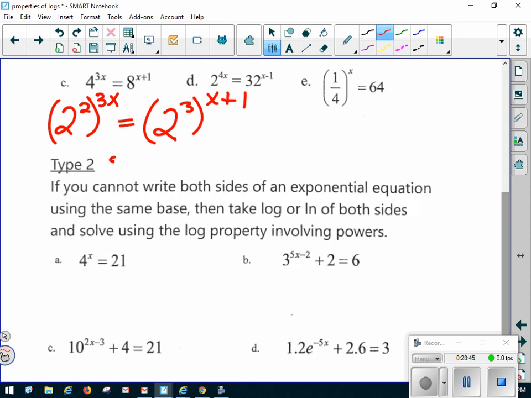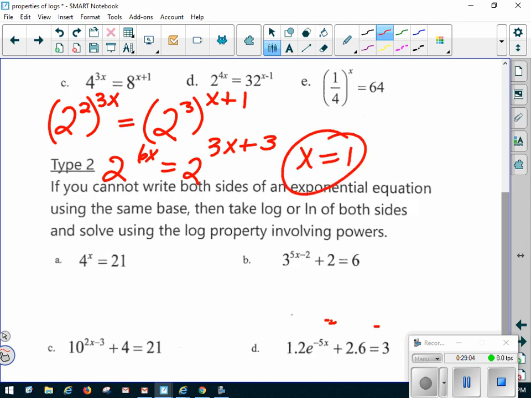So that gives us 2 to the 6x equals 2 to the, can you do that in your head? 6x equals 3x plus 3. 3 plus 3 is 6, so it's 1.